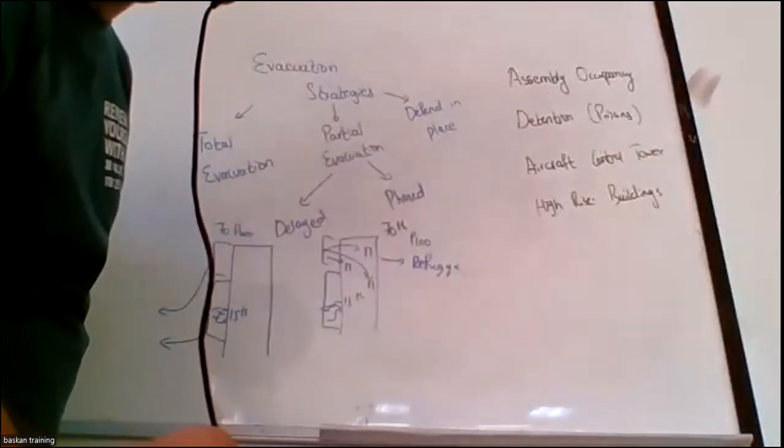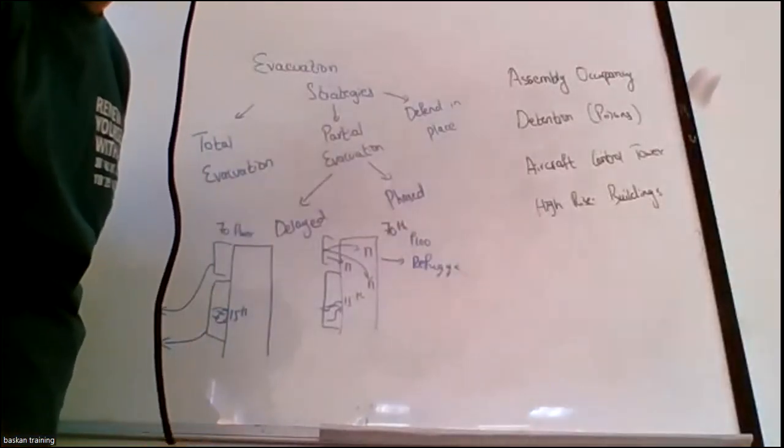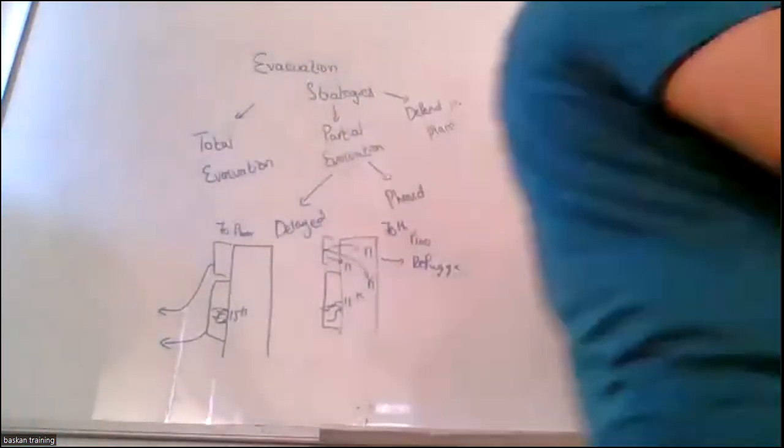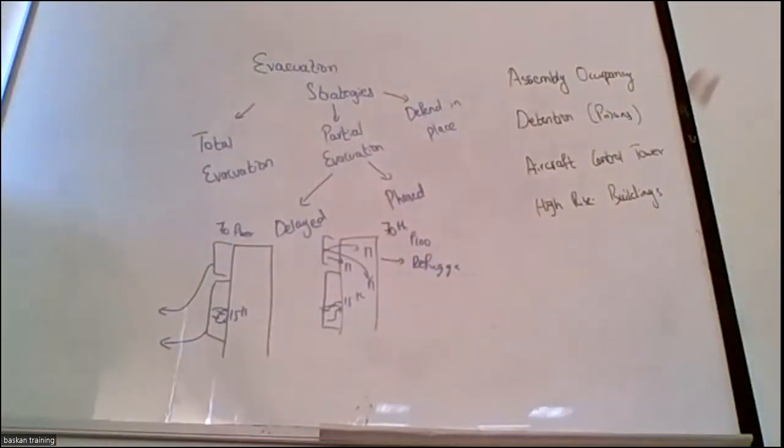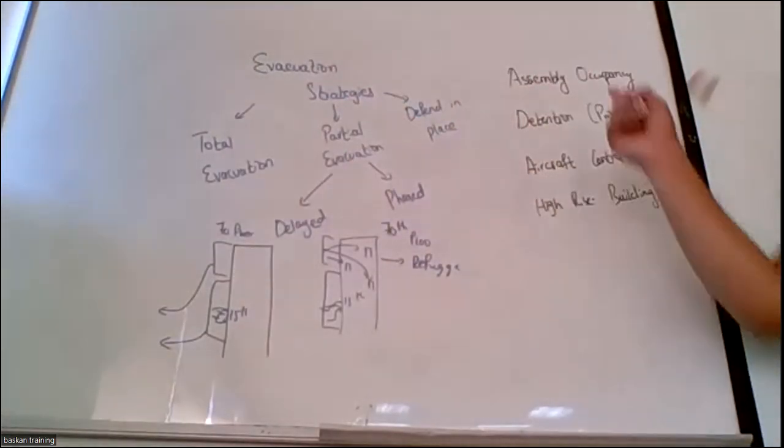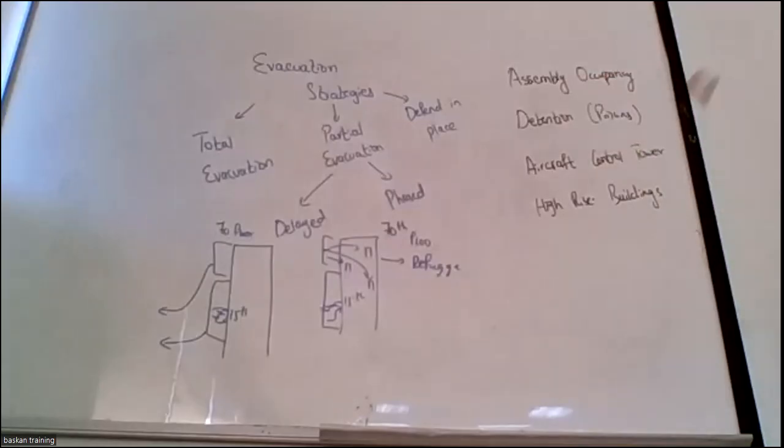So if I want to define evacuation strategy for assembly occupancy, what type of evacuation strategy will be applicable for assembly occupancies? Among these three, which one will be applicable?